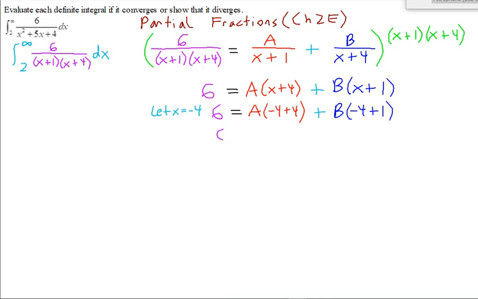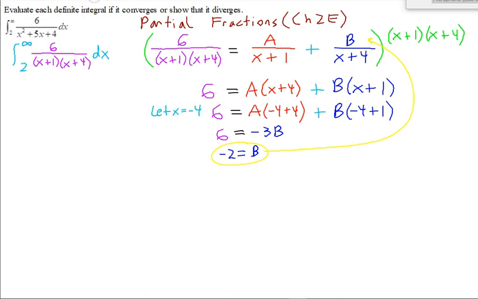So we end up getting 6 equals 0 times a, that's 0, and this is -3 times b, so -3b. So then when you divide by -3, 6 divided by -3, you get b equals -2. So now we know what b equals. So it's going to go on the numerator right there.